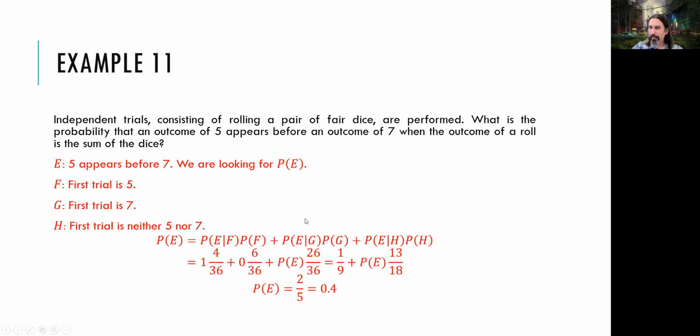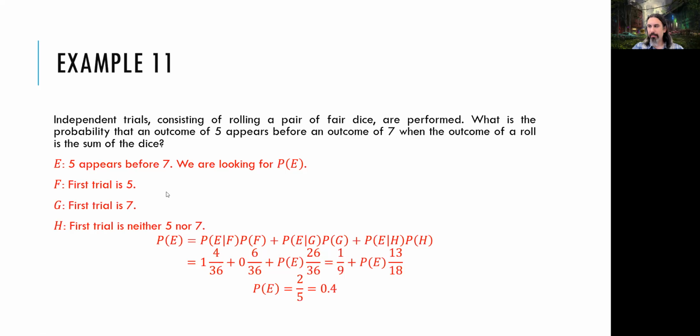Now, I can find values on all these events and conditional events. Start with E given F. F says that the first trial is 5. E is looking for 5 appearing before 7. That has already happened, thanks to F. So the probability is 1.